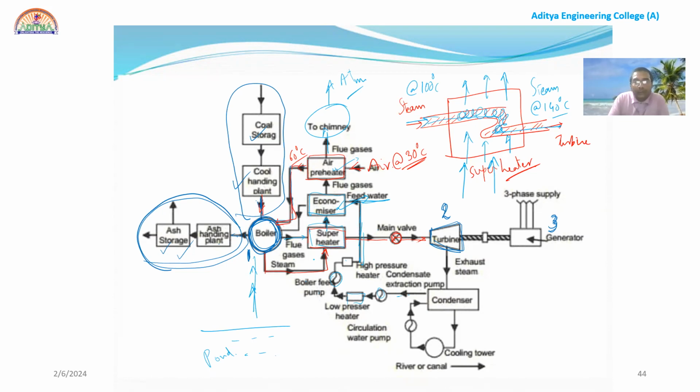Okay. After the boiler, the steam coming from the boiler is passed through the turbine. Now, what to do with this exhaust steam? Exhaust steam is passed through the condenser. Actually, the condenser, or you can write very clearly, heat exchanger, right?